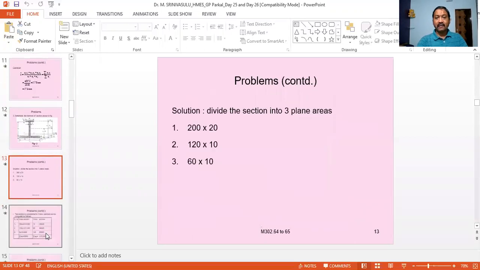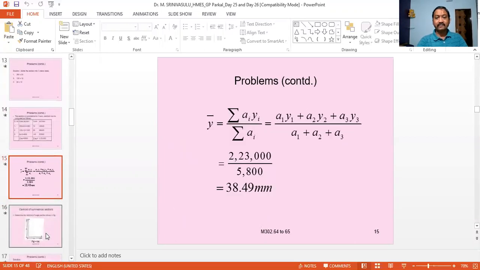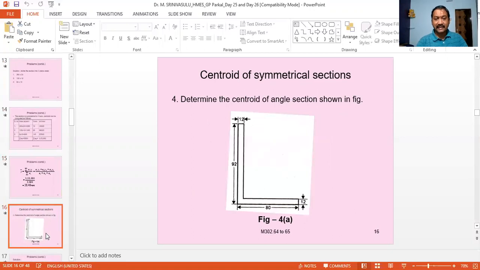Today we will discuss the CG of the L section.